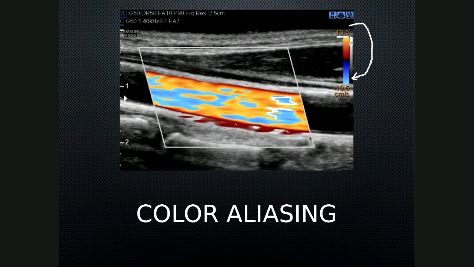Now, how do you fix color aliasing? The same way you fix it with pulse wave Doppler. What we want to do is increase the PRF. If you increase your PRF, you're also increasing your velocity scale.